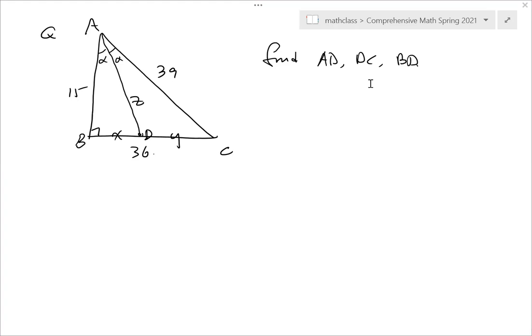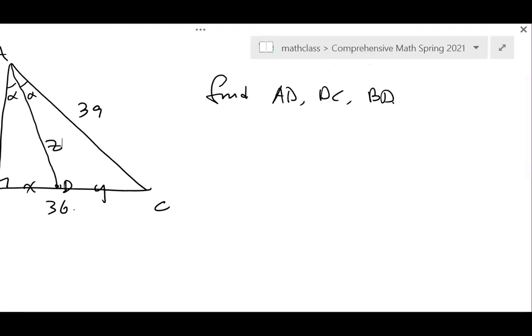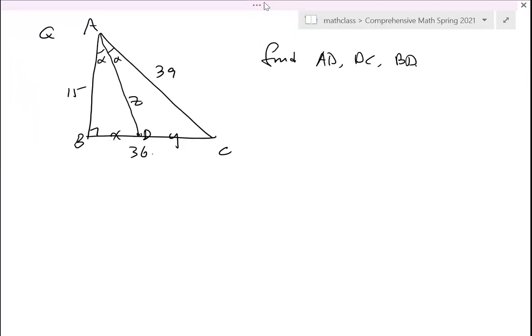Right, so let's try. Okay, so this is difficult. I have to say that it's from math class. So how do I do that? I draw an additional line.